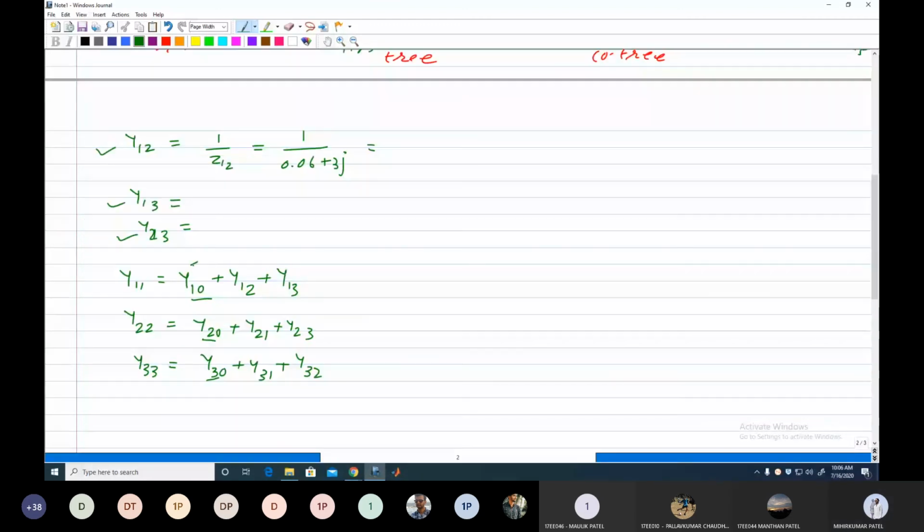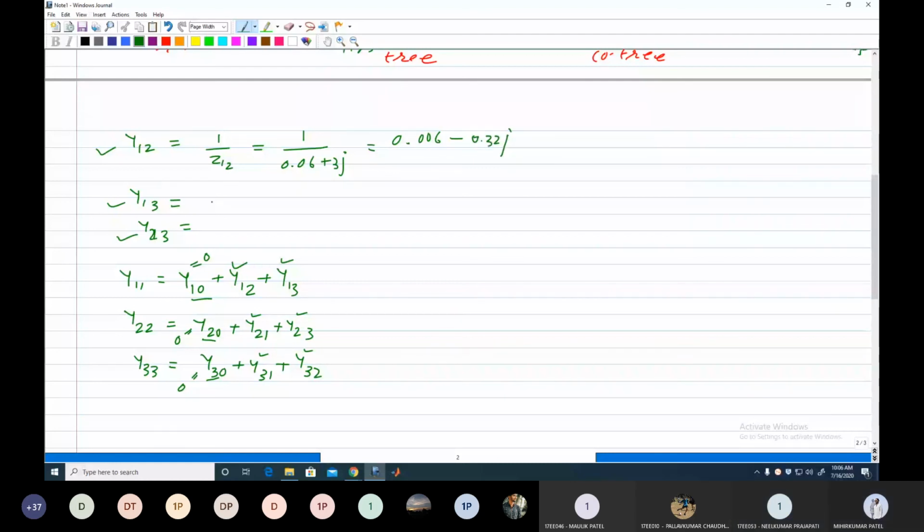So here y10 is equal to 0, y20 is equal to 0 and y30 is equal to 0. You have to just substitute this. Y12 is 0.06 minus j0.32. Clear, good.